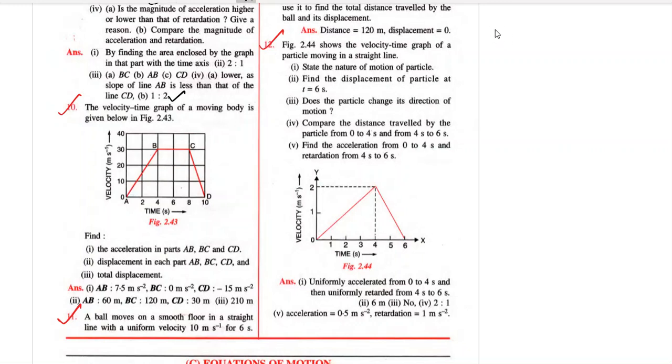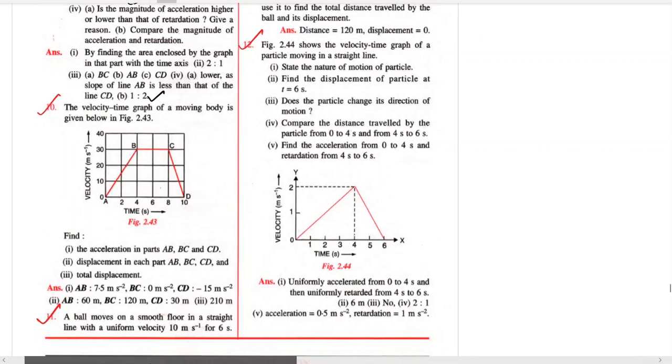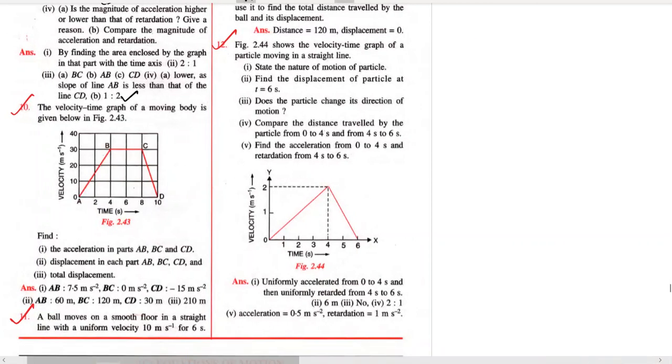Let's write over here also. Acceleration in part AB.